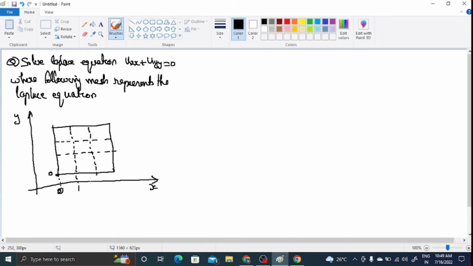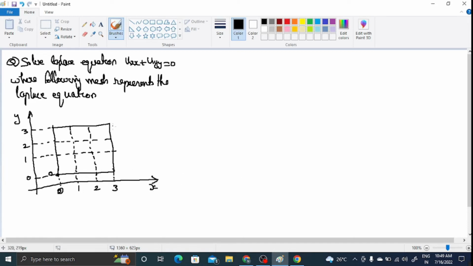This is 1, this is 2, this is 3. Similarly, this y value is also 0, this is 1, this is 2, this is 3. Now you can see that the period of x equals 1 and the period of y equals 1, so both are equal, and we can apply the standard 5-point formula.